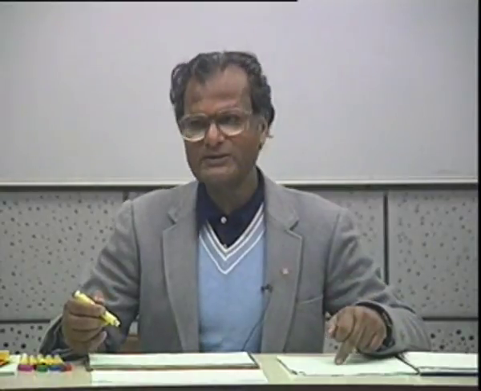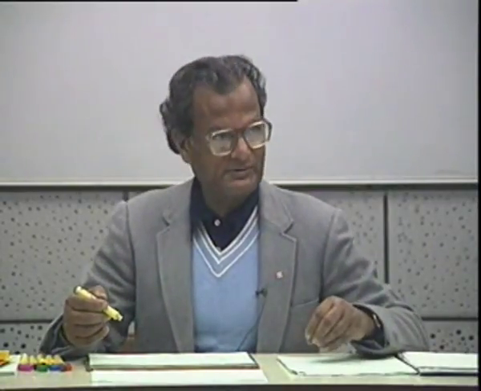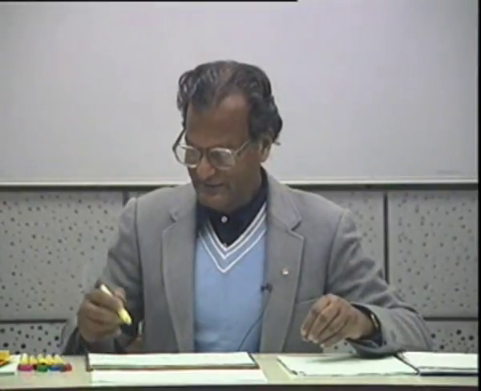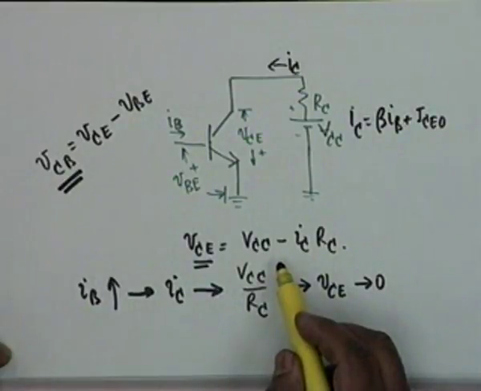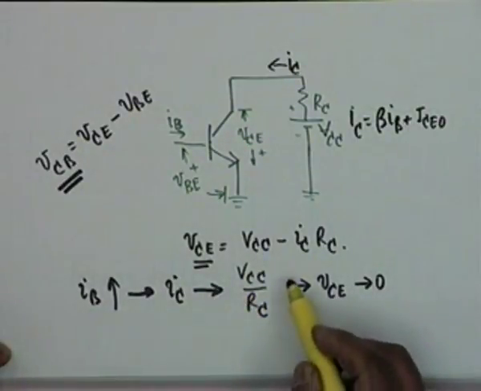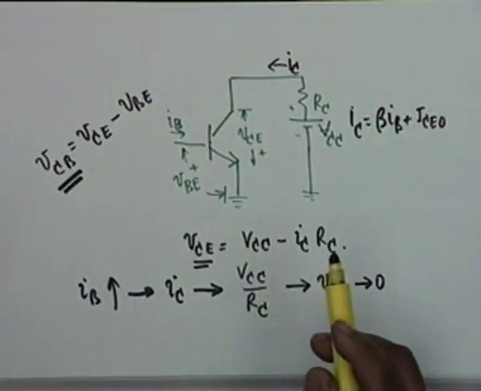The emitter base junction is forward biased. If the collector base junction is also forward biased, then you see VCE tends to 0 and saturation of the current occurs. The current cannot exceed beyond this. Current cannot exceed VCC by RC, and therefore this is called the saturation region.